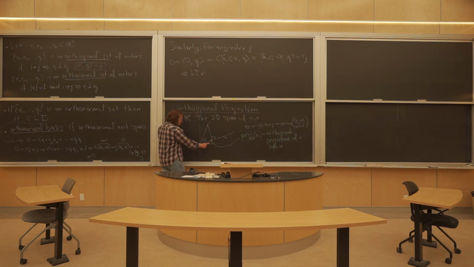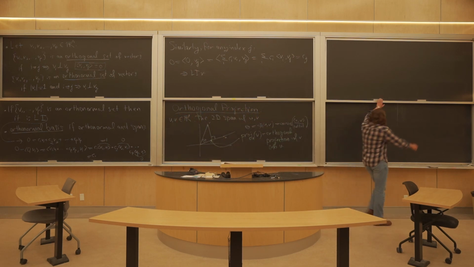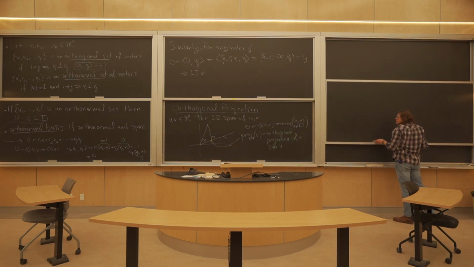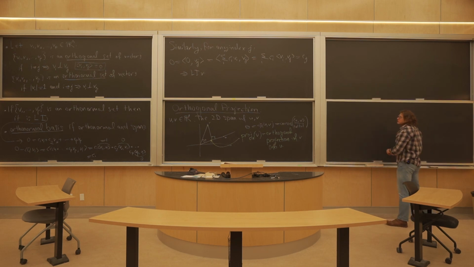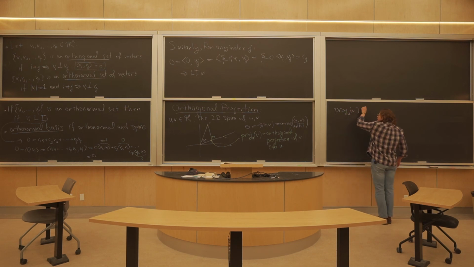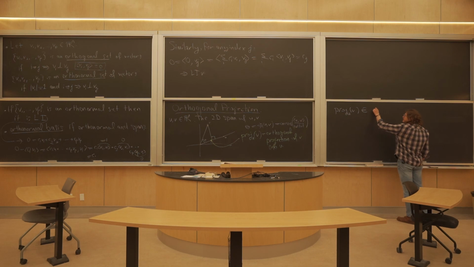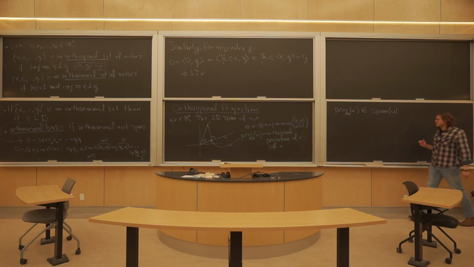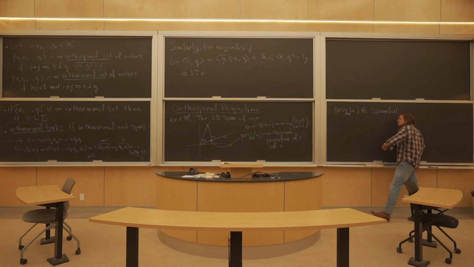So let's try to come up with a formula for that. So first of all, proj sub u of v is supposed to be in the span of u. Okay? That is to say, proj sub u of v is in the span of this one vector, which means that proj sub u of v is proportional to u.